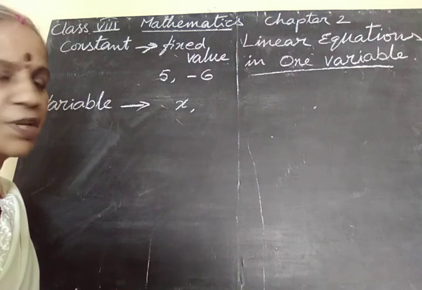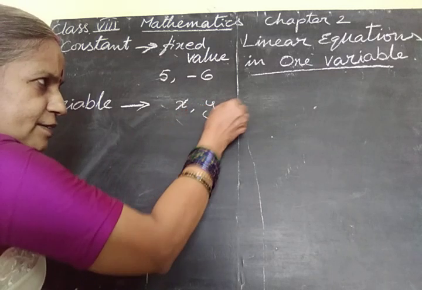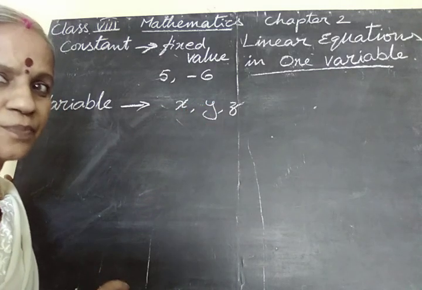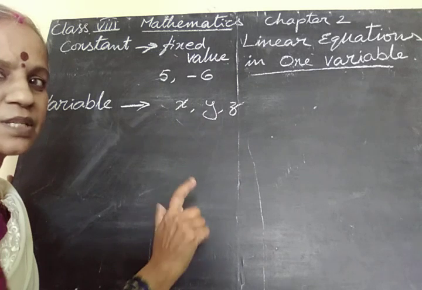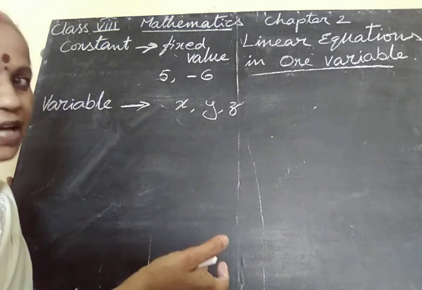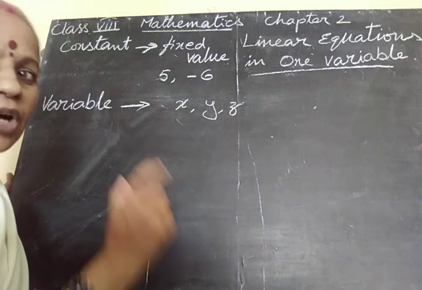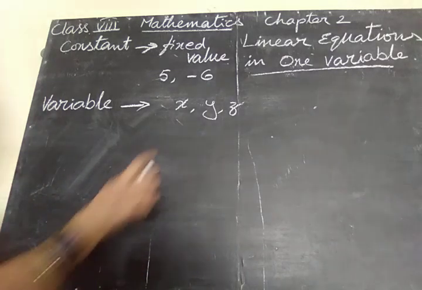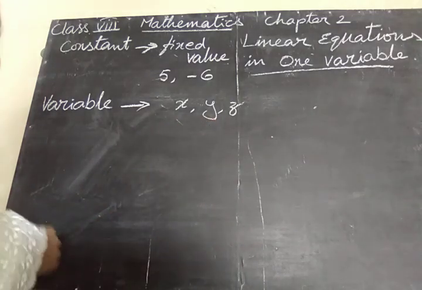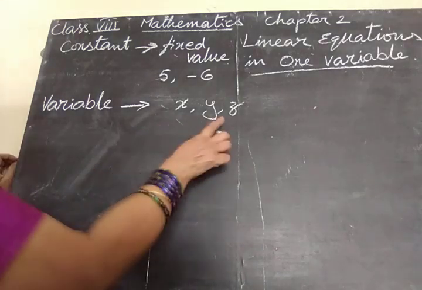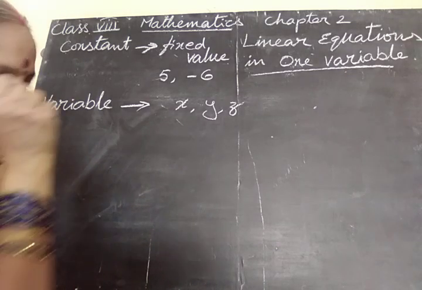So x, y, z, like that. Understood? These are all variables, because they vary their value.